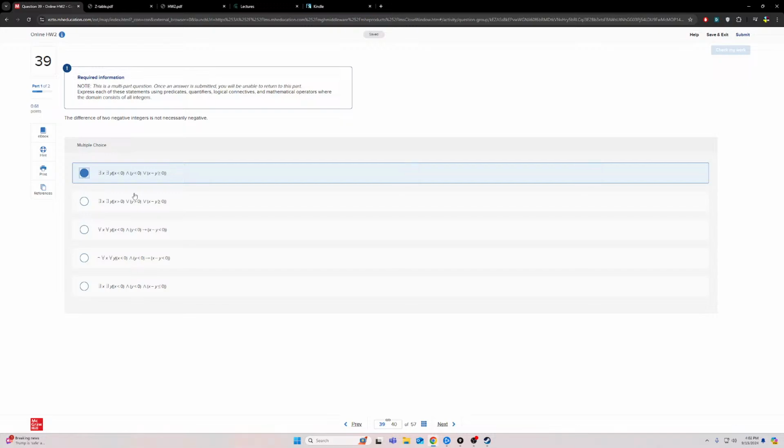It's not necessarily negative. So we got two negative numbers, X less than 0 and Y less than 0, and X minus Y. Okay, so you're saying that there exists an X and there exists a Y, where those are negatives and the difference is positive.